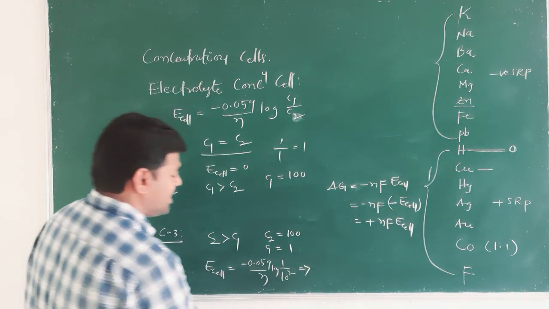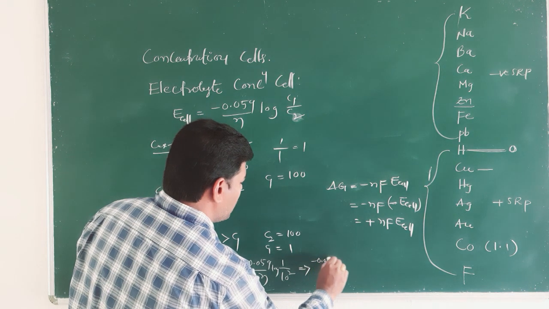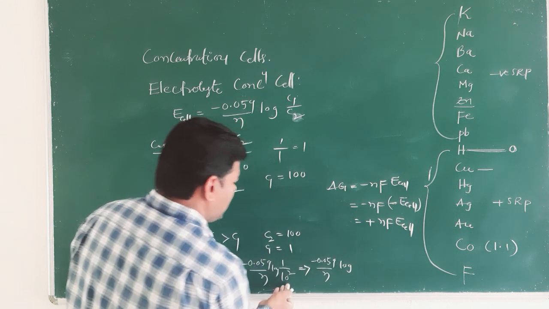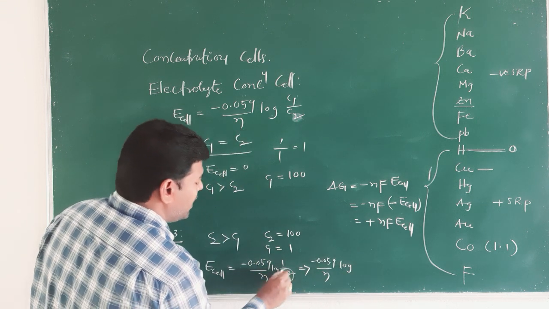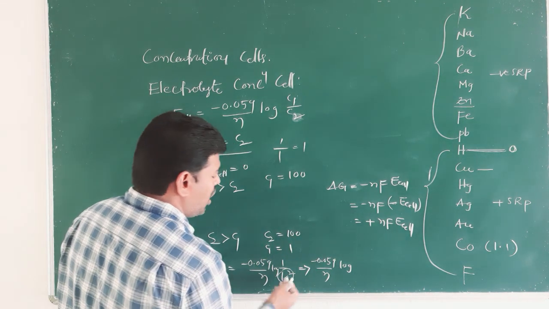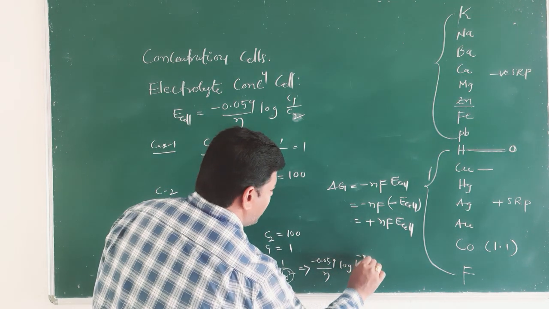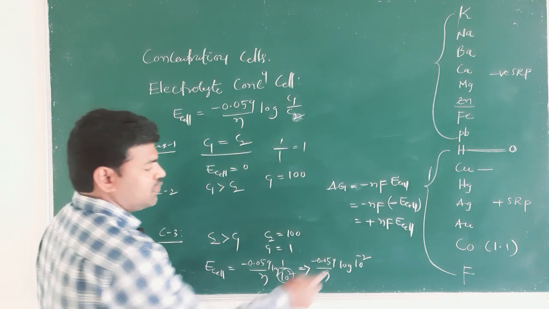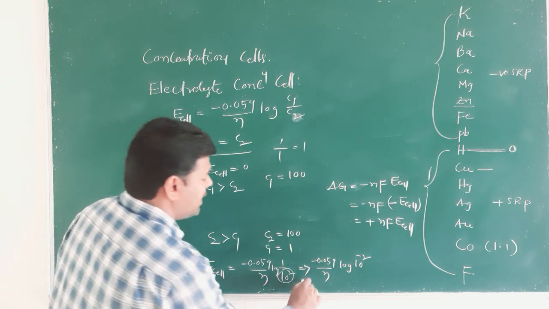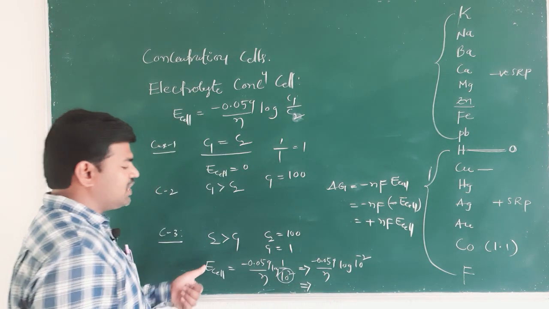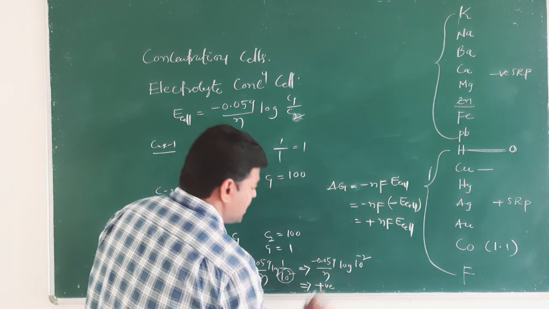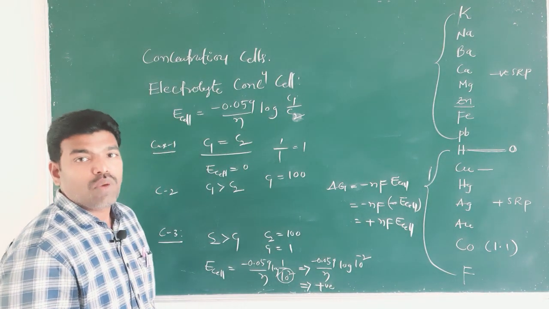In the next step, minus 0.059 by n log, we can move the denominator to the numerator, that is 10 power minus 2. So this minus 2, and this minus, and this minus, therefore it is positive. So E cell comes out to be positive.